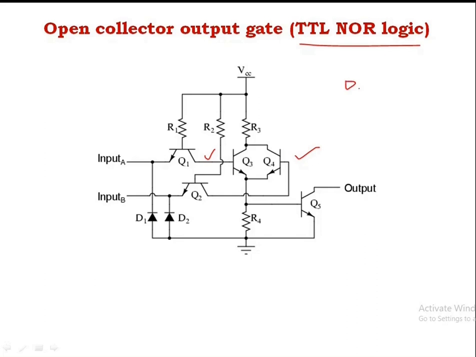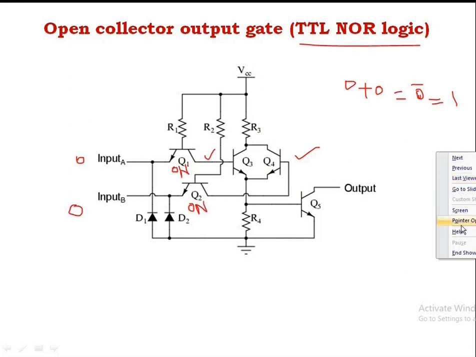So if I am giving 0, 0 plus 0 is 0, and 0 complement is what? NOR, so in this I have to get 1. So let us check 0, 0. I am putting 0, 0 here. So you can see 0 to the emitter means both the transistors will be on.